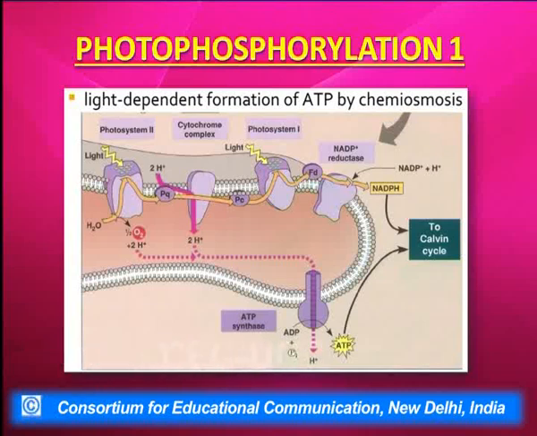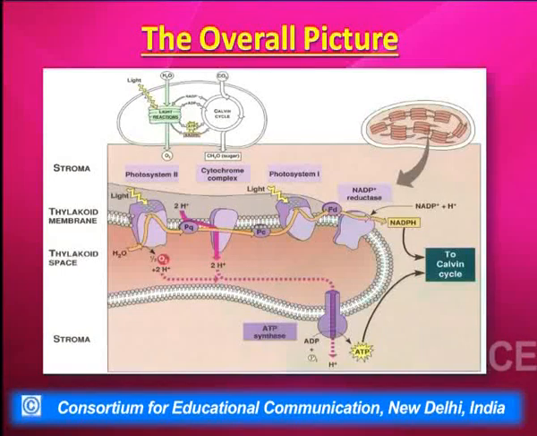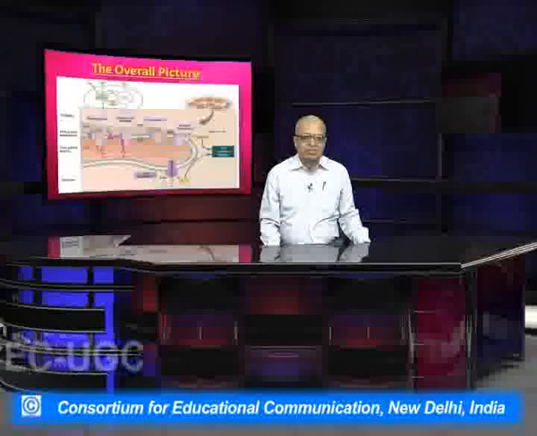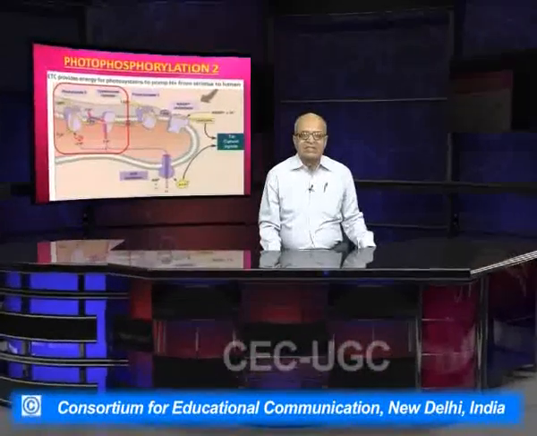Now, where does light come into the picture? We would see subsequently. To graphically make you realize the overall picture of photophosphorylation, we have the vectorial arrangement of the different components of the 2 photosystems, the electron carriers, the place for proton generation, and of course, the site for ATP synthesis.